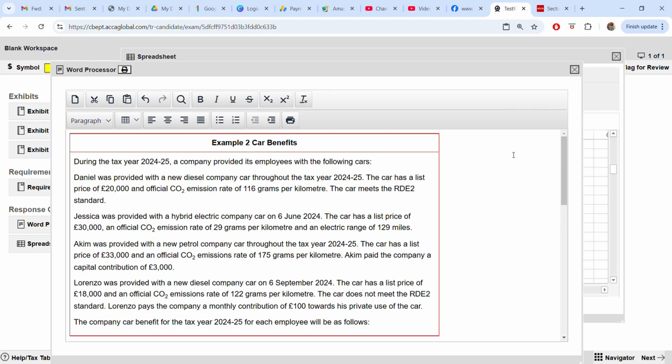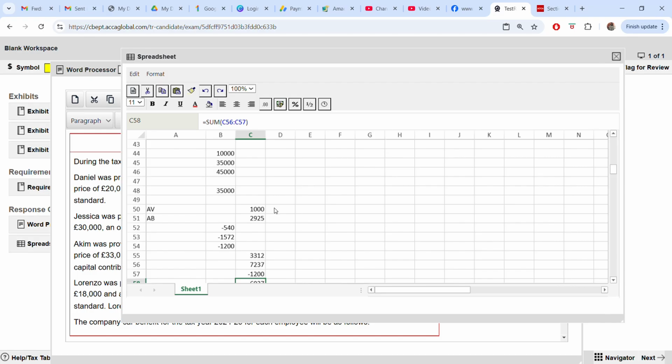So now we'll find for Daniel. The benefit for Daniel. The list price was 20,160. Now we need the CO2 emission. It's a new diesel car meeting the RD2 standard. That means we can use the same percentages as a petrol car. So it's 116. Remember, we have to round down to the nearest 5.